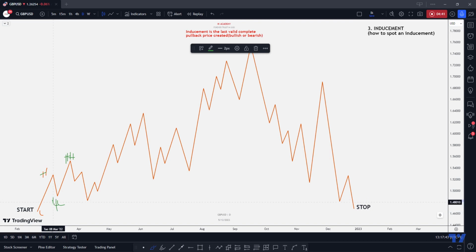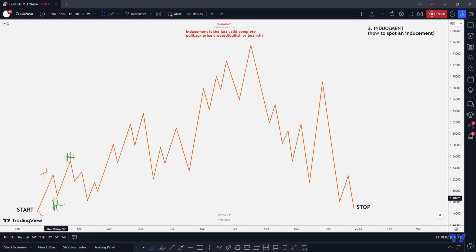Higher low and a higher high. So it means that the price created this pullback and then took out this high, created a new higher high, whether with a candlestick body or a candlestick wick. I don't care. Let's just continue.